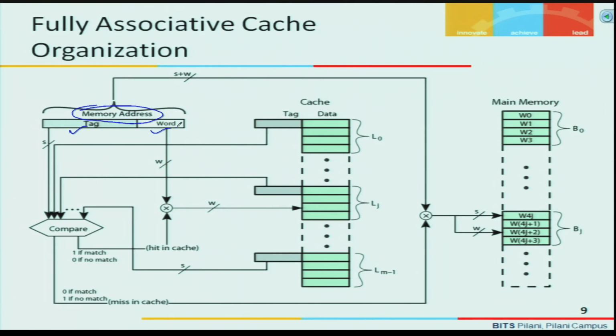In the cache memory you can see each line contains 4 words, because that is the block size or line size. Here it is shown vertically: 4 words, word number 1, 2, 3 and 4 in each line.